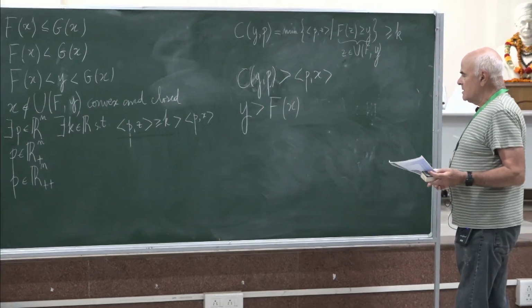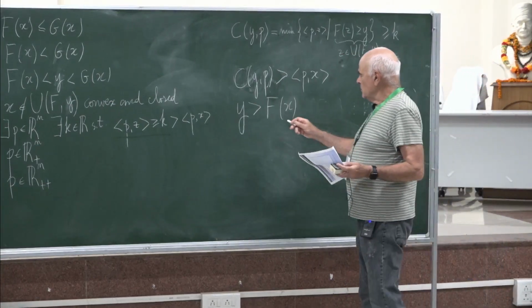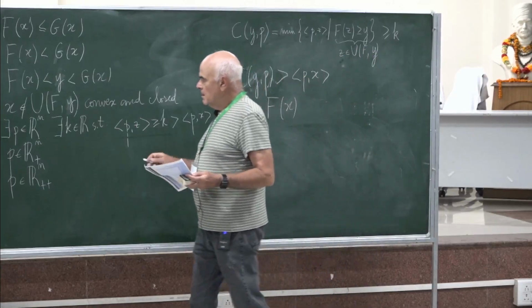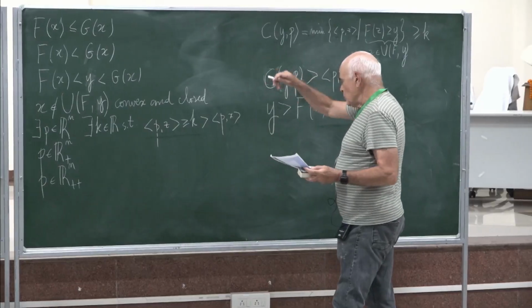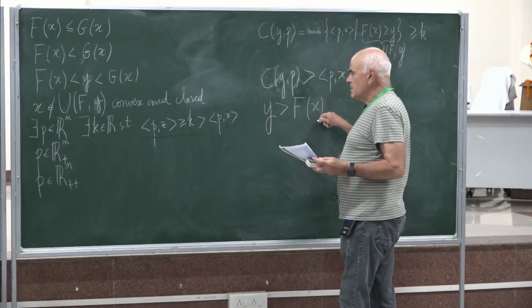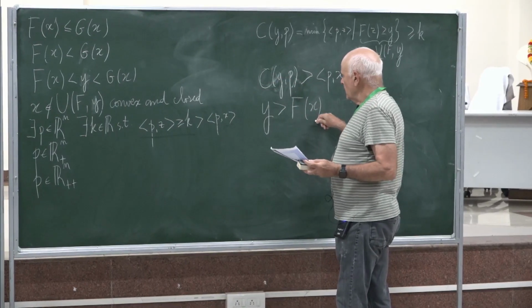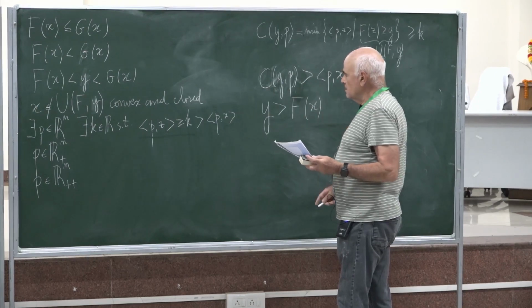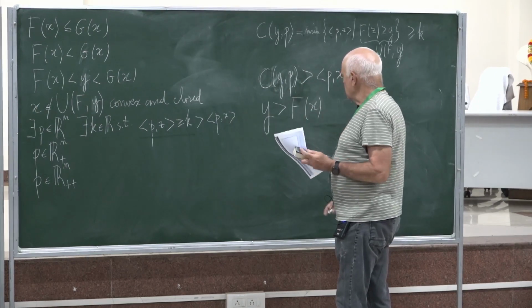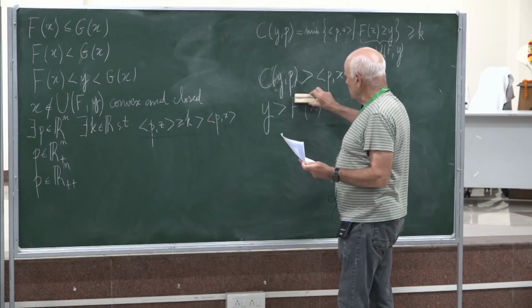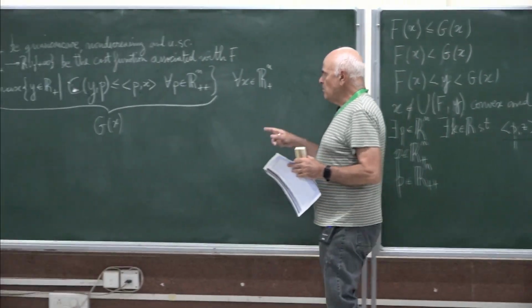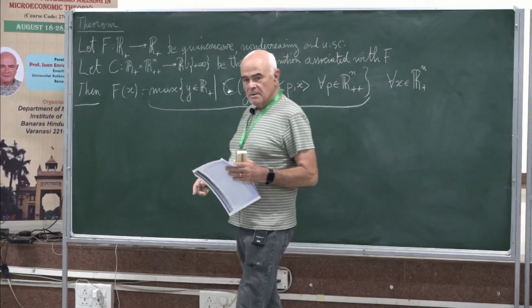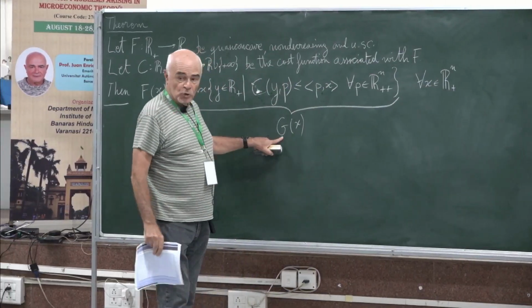Now it is correct. So this y is not among those ones, so it is greater than the maximum of those y's, f of x. But the maximum of these y's is not f of x, it's what we call g of x.